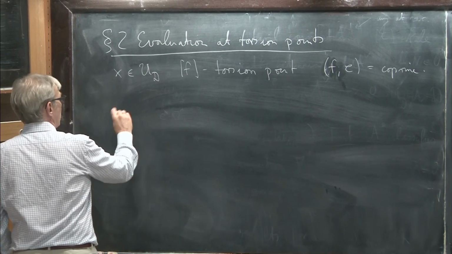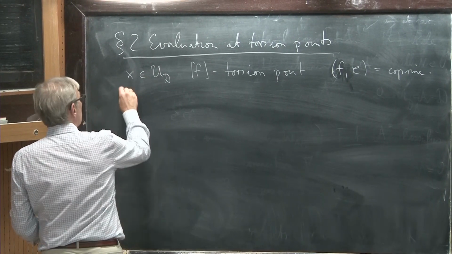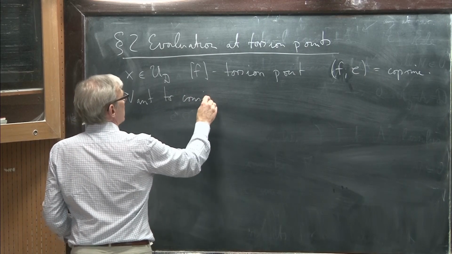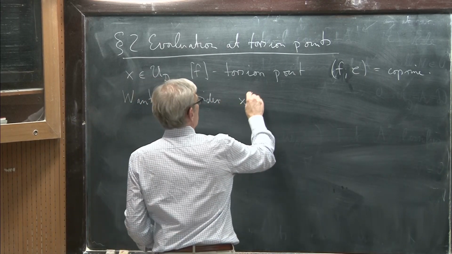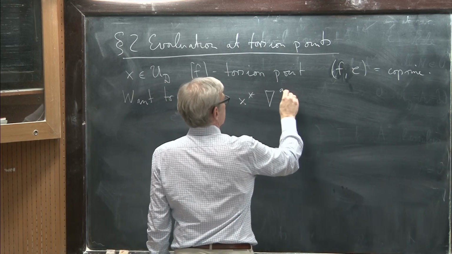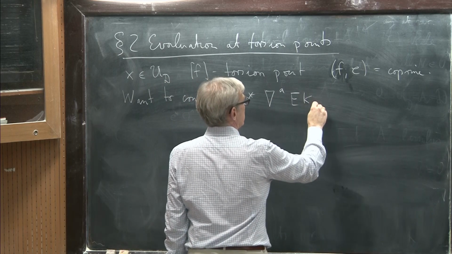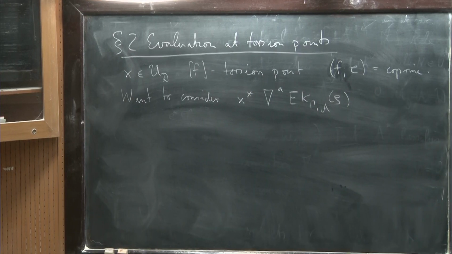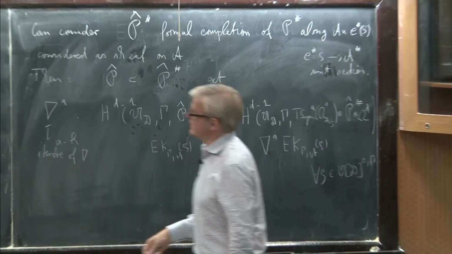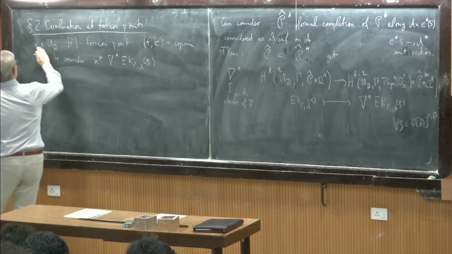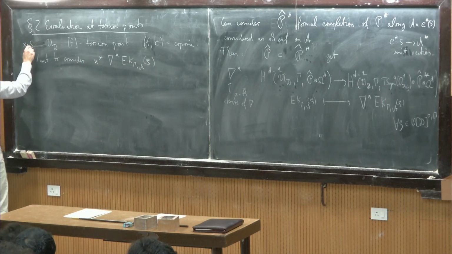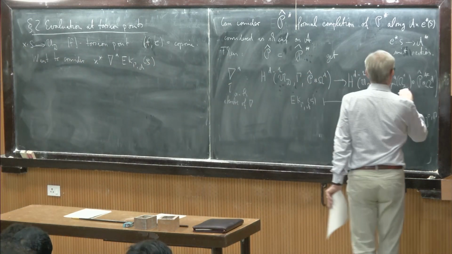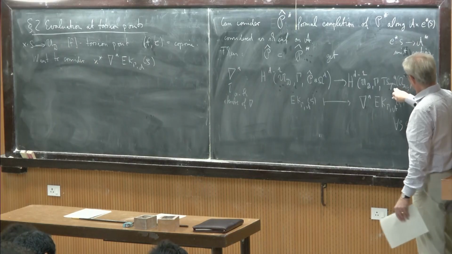And we want to consider the pullback of this class, which we just constructed. And we pull back to the base. So we see this X as a map, maybe you write it more explicitly, from the base to UD. We want to pull back that class, and then we want to understand it.